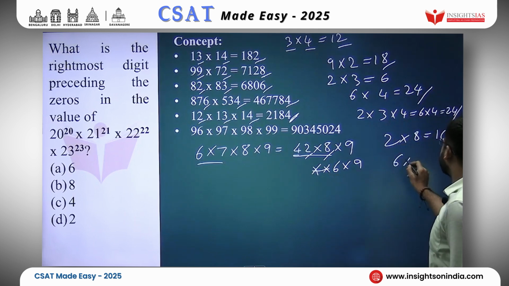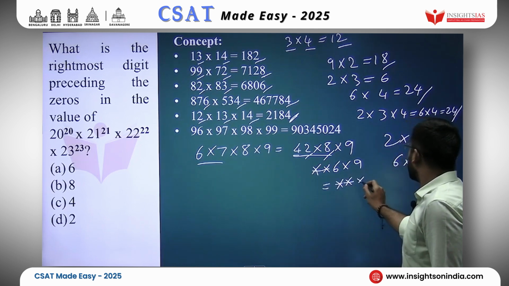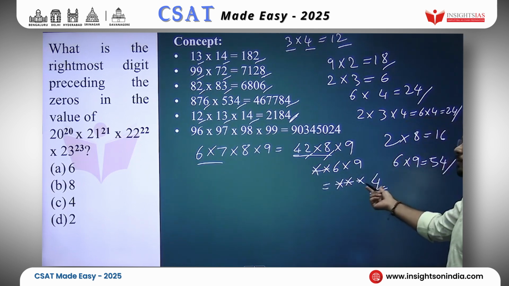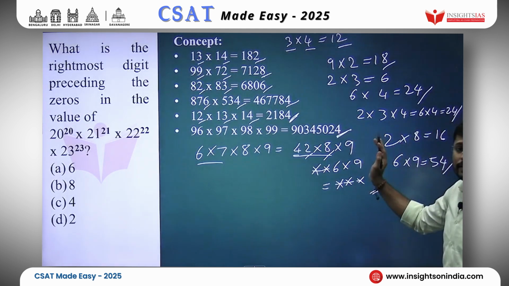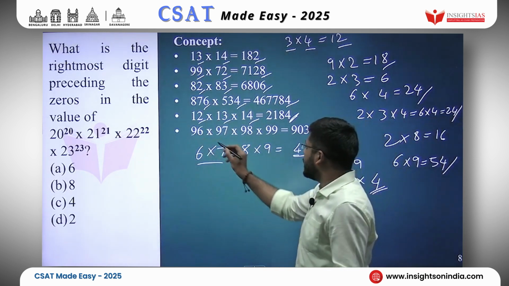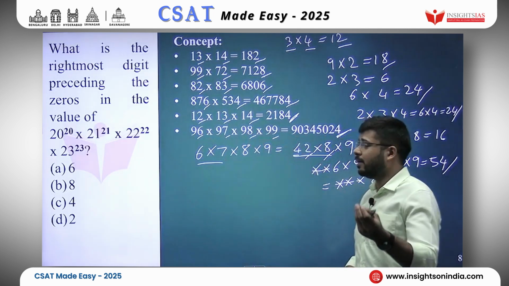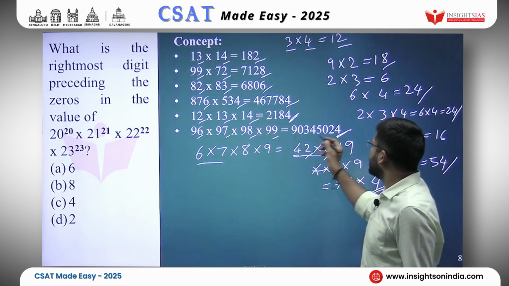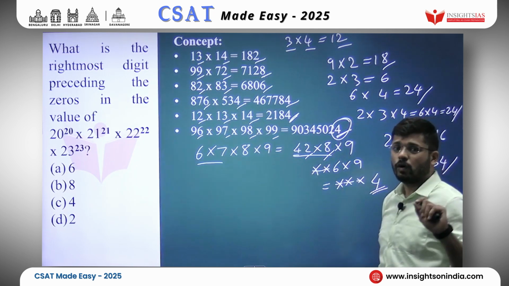Then something into 9. So what is 6 into 9? 6 into 9 is 54. The last digit is 4. So here the product would have a last digit of 4. So when you multiply numbers ending with 6, 7, 8 and 9, you will always get the last digit of the product to be 4.